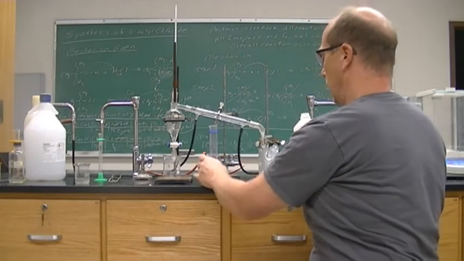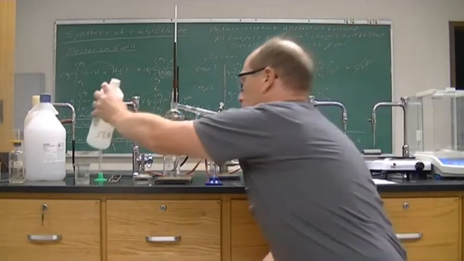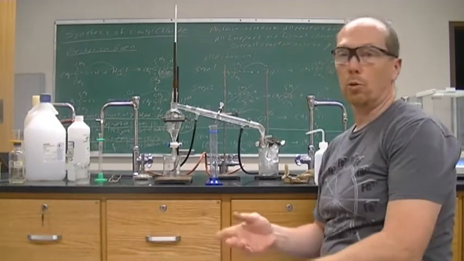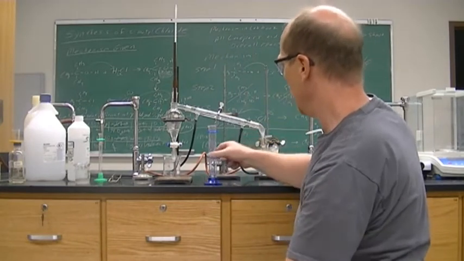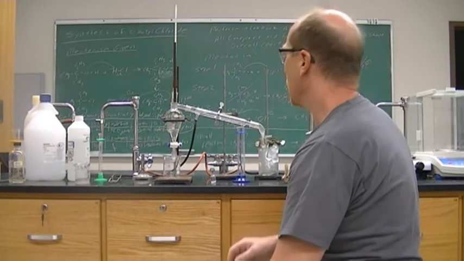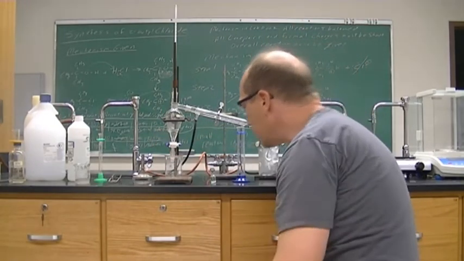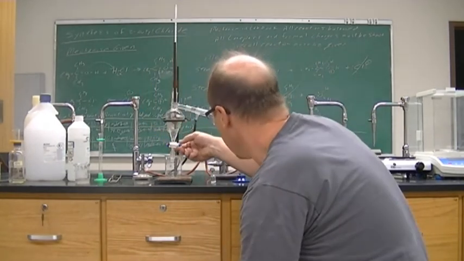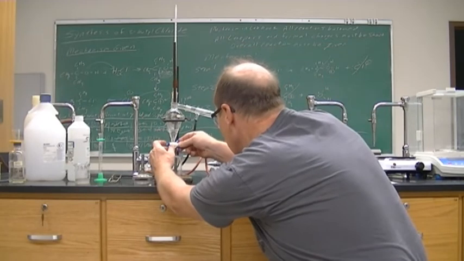Chemistry will do a mass percentage almost exclusively, unless you're talking about an alcohol percentage, which would then be an aqueous percentage. All right, so we're ready to separate these two layers.